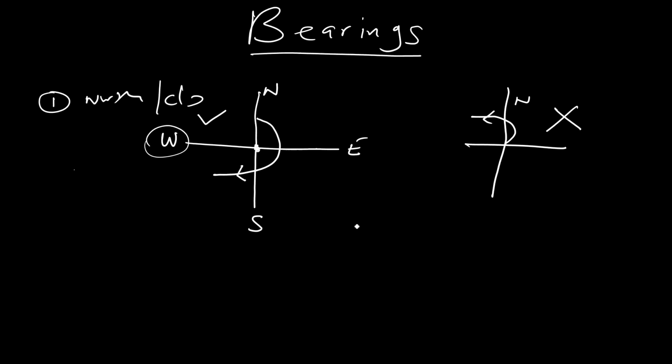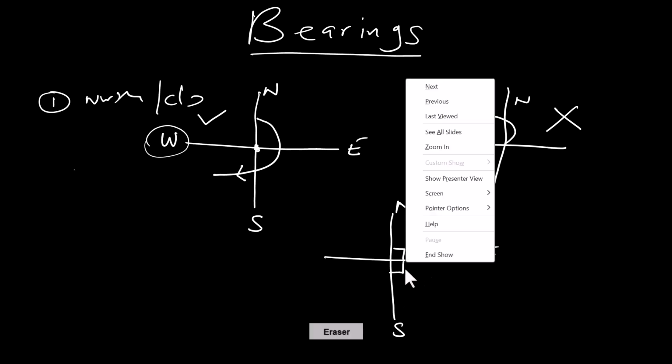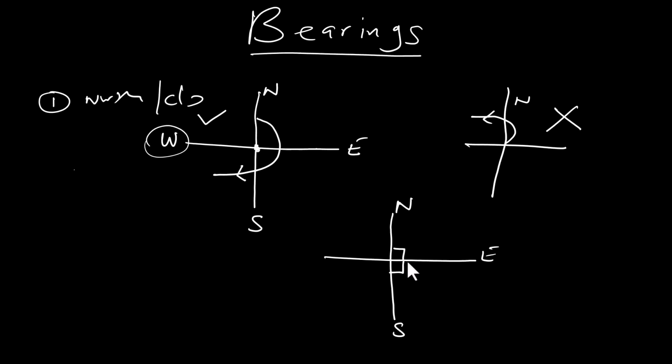Now, one more thing. From the north to east is 90 degrees, and from north to south is 180. It means that east to south forms 90 degrees. So we have 90 here.